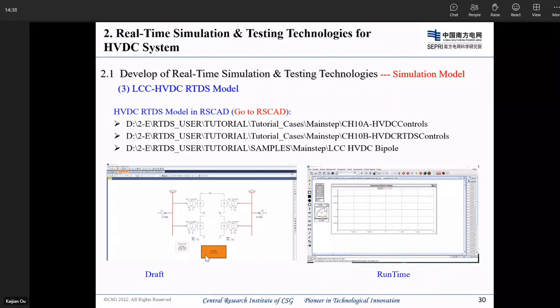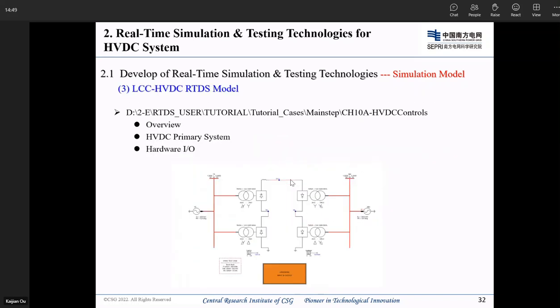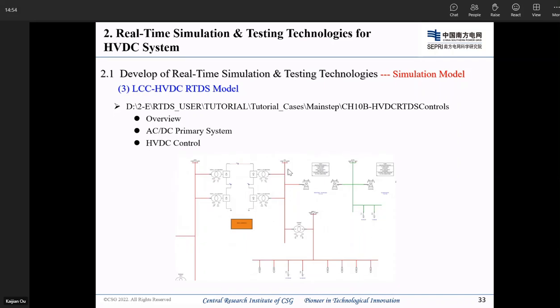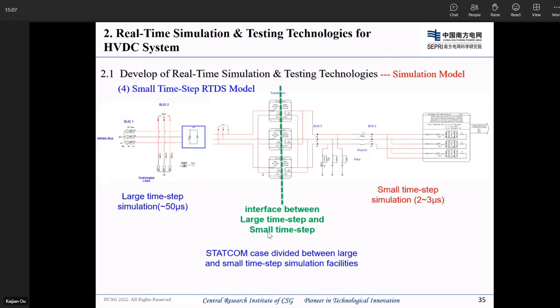This is for physical control, and we also have a software controlled model, and this one also has a bipole. I just showed you bipole control. Now this is part PSCAD and ASCAD.